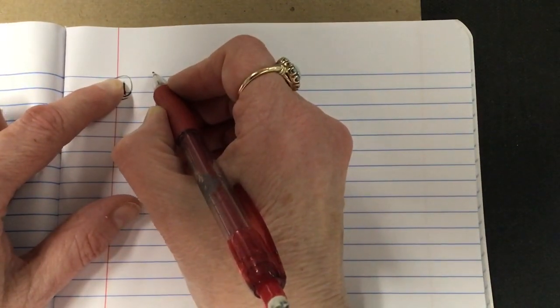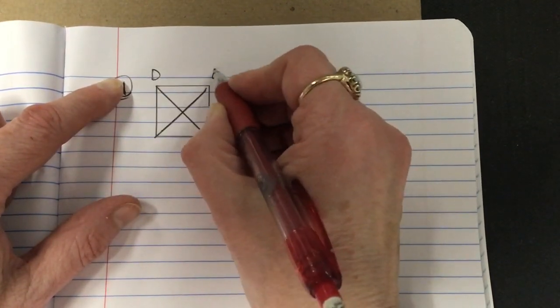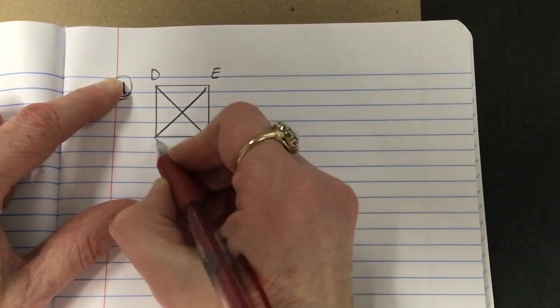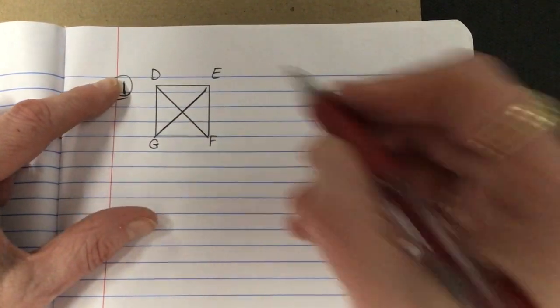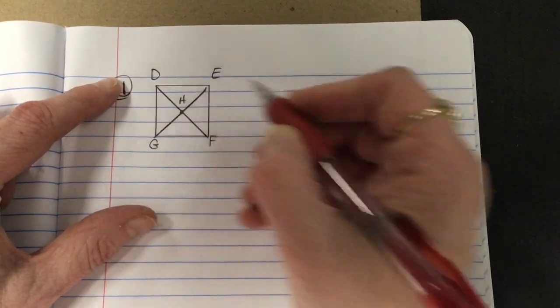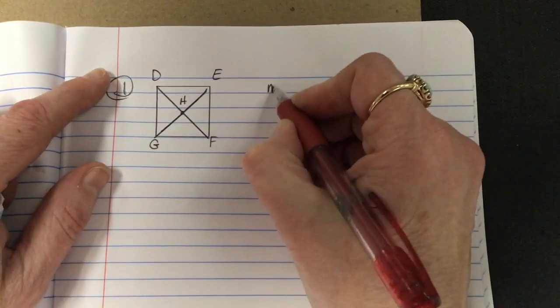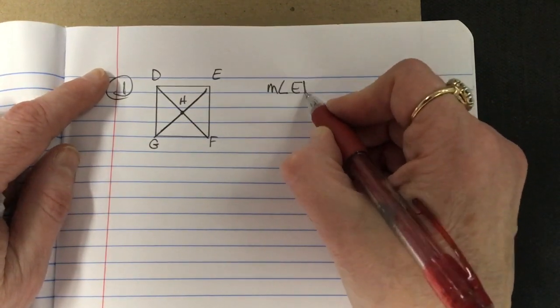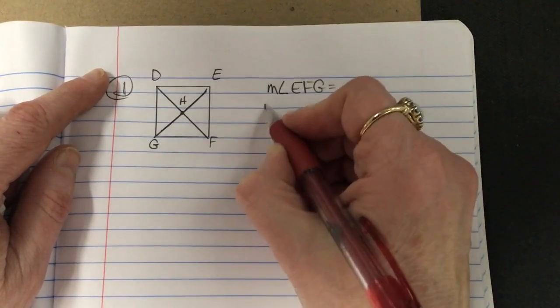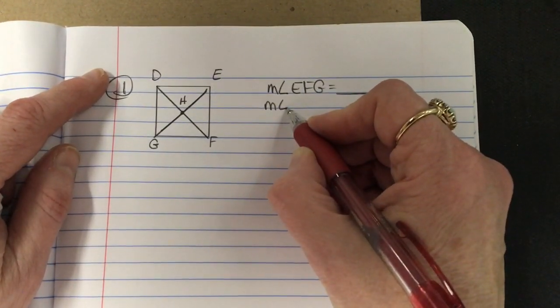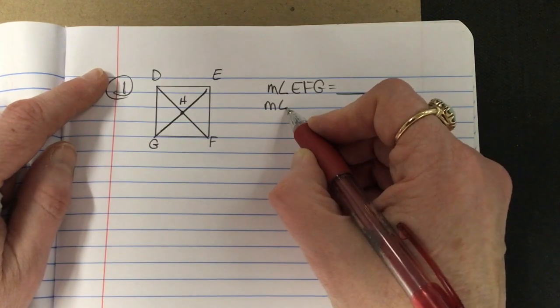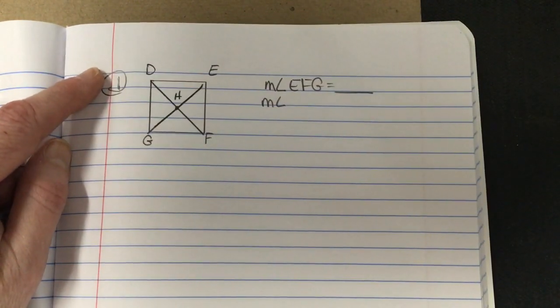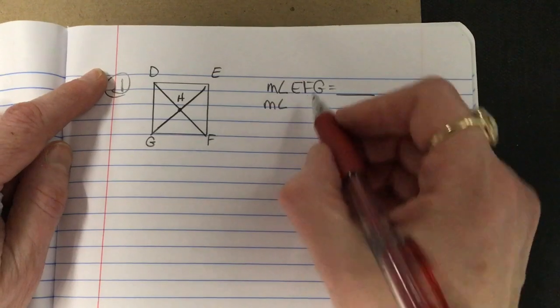So we're going to call it D, E, F, G, and probably an H right there where they cross. And we're going to do the measure of angle. Now we could do them all, E, F, G, measure of angle. And you'll notice you're not going to be given anything. I mean, you're given a lot, you're given all the rules of a parallelogram, but you're not given any numbers.